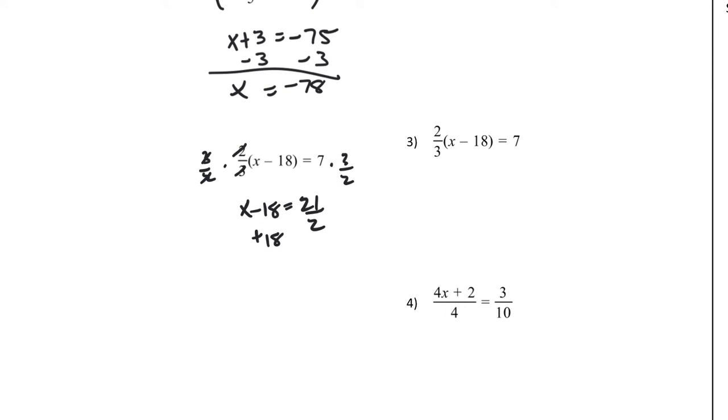And then if I add 18, and if I express 18 as a number of halves so we have a common denominator, that's 36/2. So 21/2 plus 36/2 would be 57/2. So, whoopsie. Why did that happen? x would have to be 57/2.